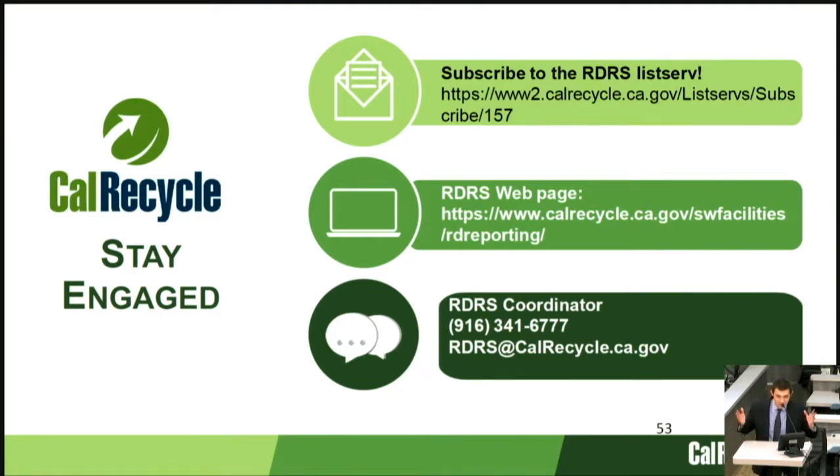So the more entities that register, maybe I'll use this as a call to action or shout out, the more entities that we get registered prior to the start of reporting, the easier it will be for everyone because all the information will already be in the system. It's kind of like paying dividends a bit. The more work we can do here in terms of getting ready, the easier it will be for literally everyone in the system. So great question.